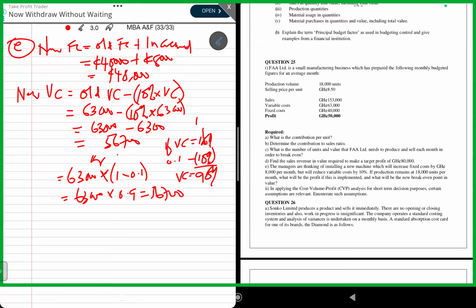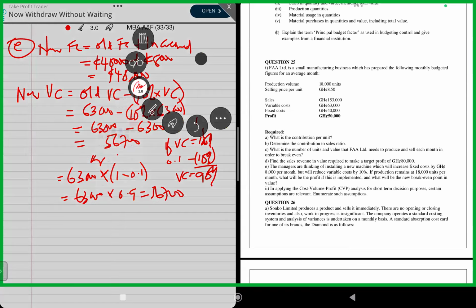Okay, so let's see what we're going to have. What will be the profits if this is implemented? To find a profit, they didn't give us any units, so we have to find different ways to compute profits.